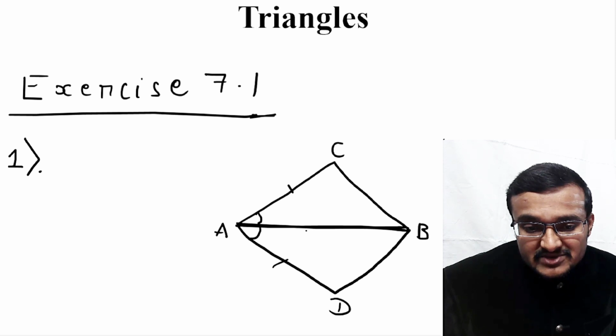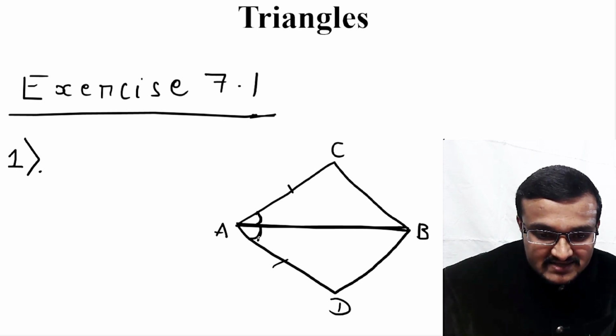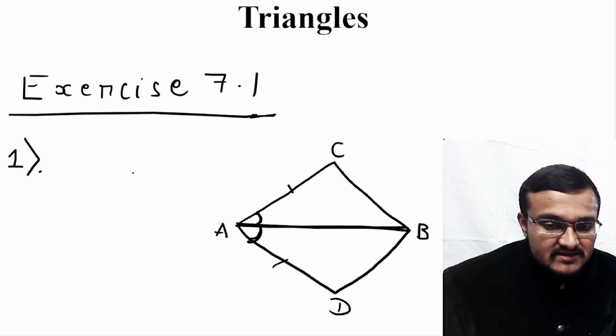So now AB is bisecting A means this angle and this angle are equal with each other.